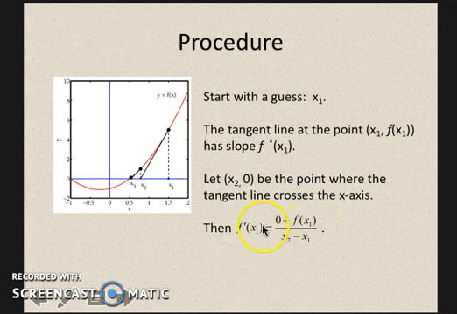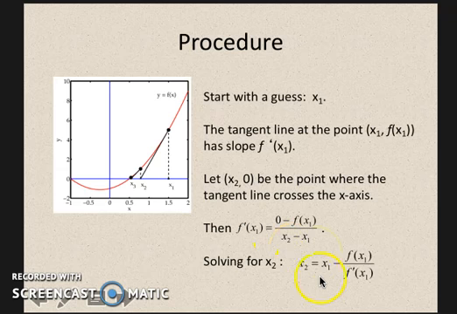The slope is the derivative, and also the formula for the slope is y2 minus y1 over x2 minus x1. In this case, y2 is 0. When we solve this for x2, we get x2 equals x1 minus f of x1 over f prime of x1.